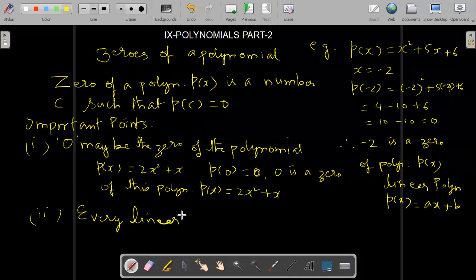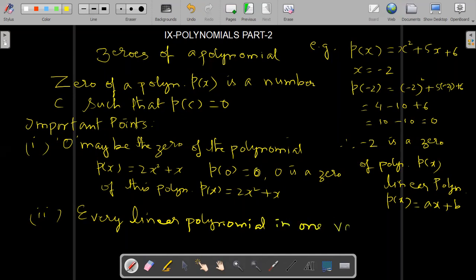So every linear polynomial in one variable. Generally we are having one variable, but here we should mention it, because if it has two variables, then the case will be different. A linear polynomial in one variable has a unique zero, meaning only one zero.